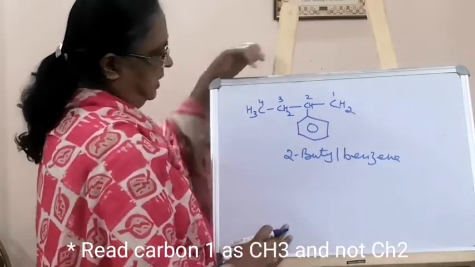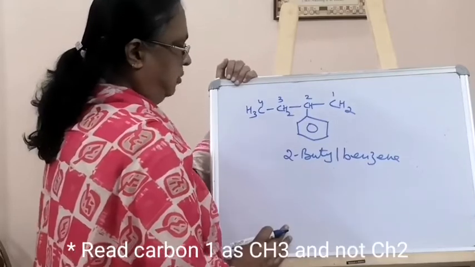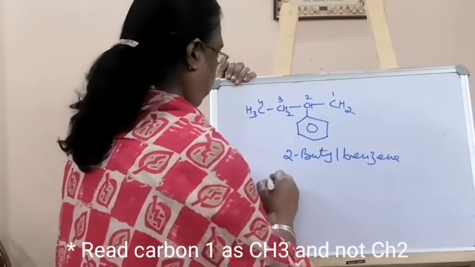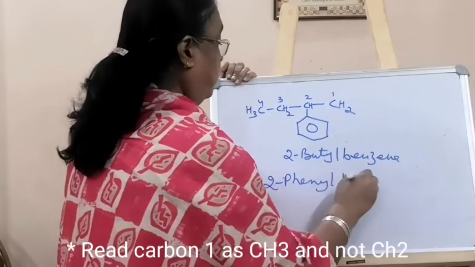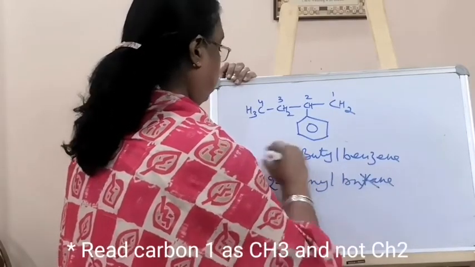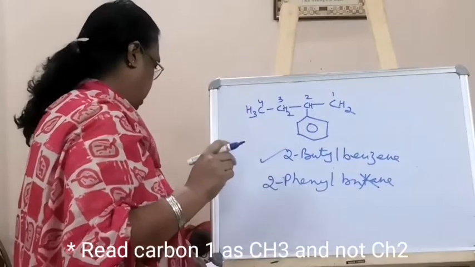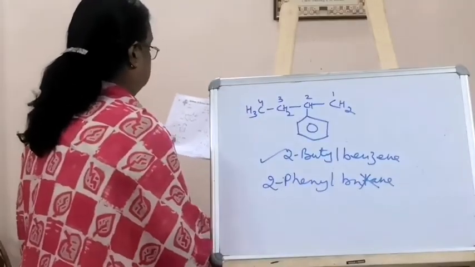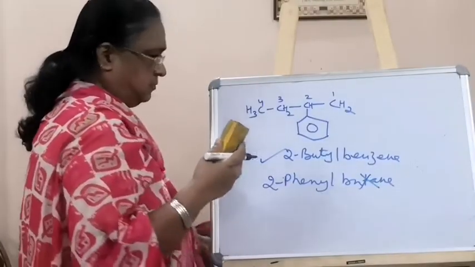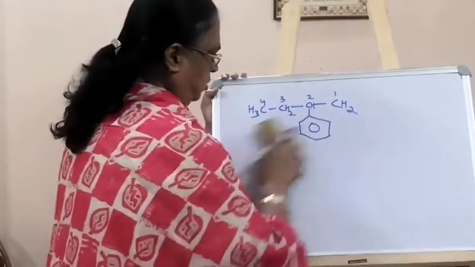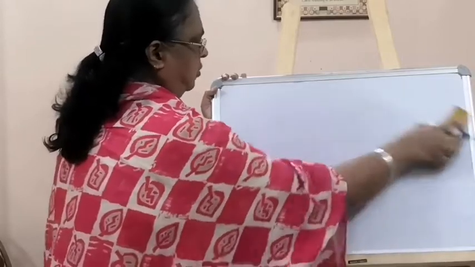You can't write it as 2-phenyl butane. It is not 2-phenyl butane. If you write 2-phenyl butane, this is wrong, this is right. Now one more example. That's all. Then you can do many more examples from the book.